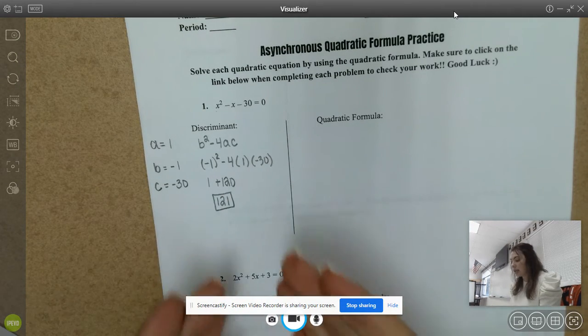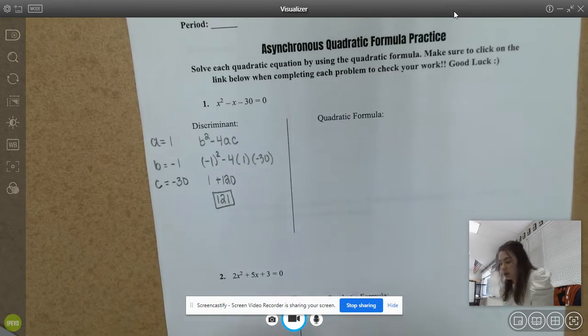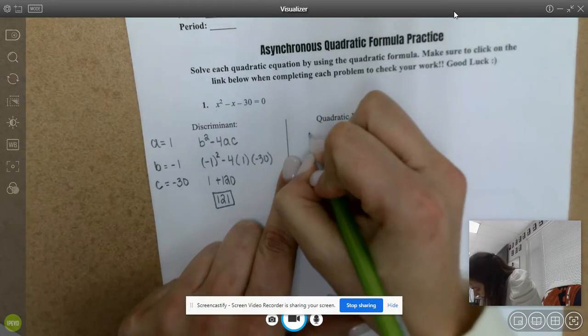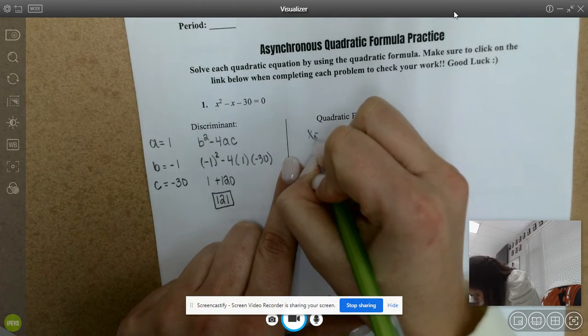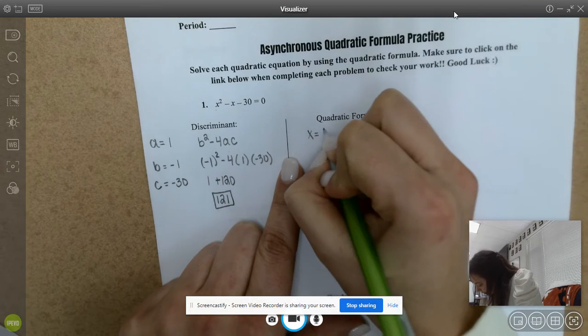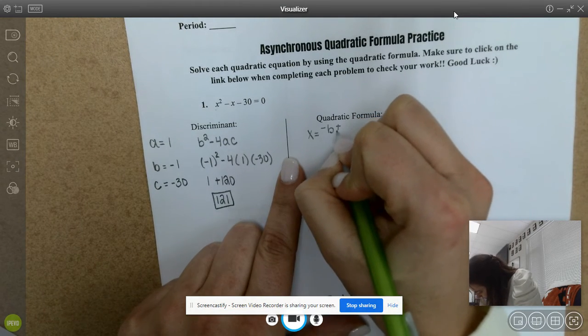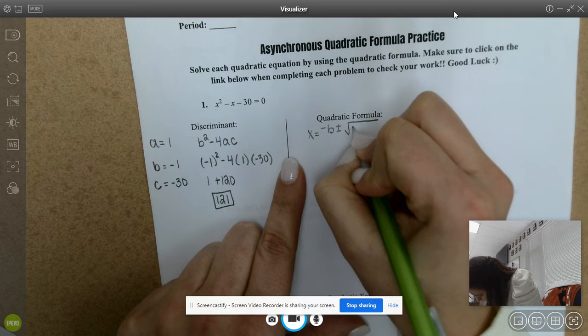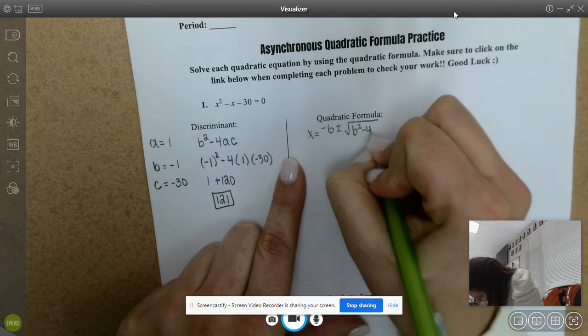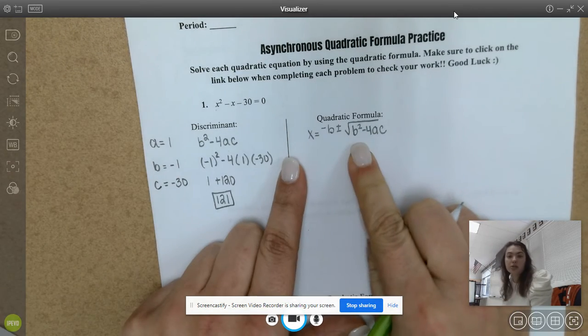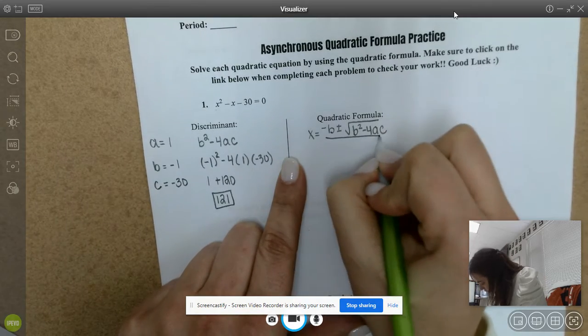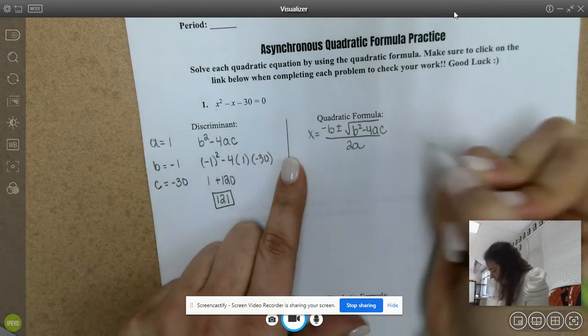So now we can go ahead and use this discriminant in our quadratic formula. And if we would like a quick refresher, our quadratic formula is x is equal to the opposite of b plus or minus the square root of b squared minus 4ac, so there's our discriminant, all over 2 times a.